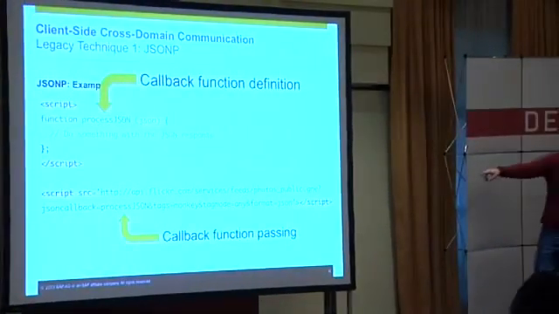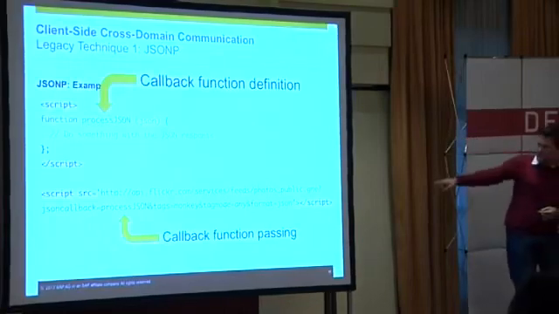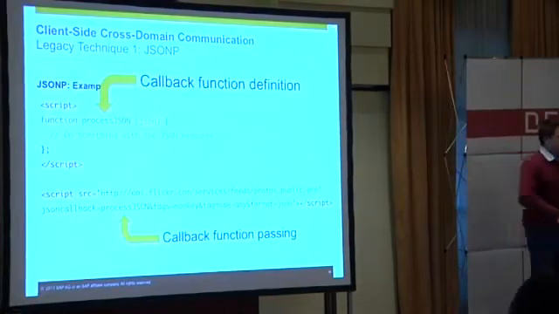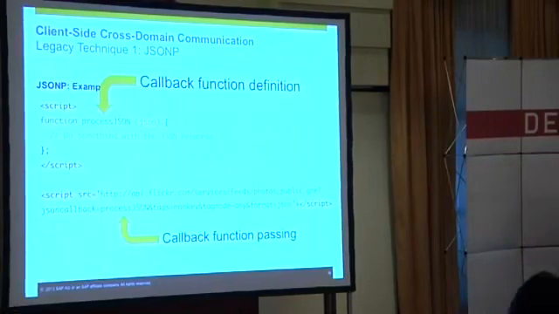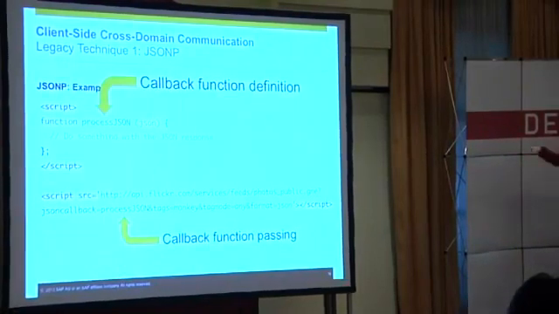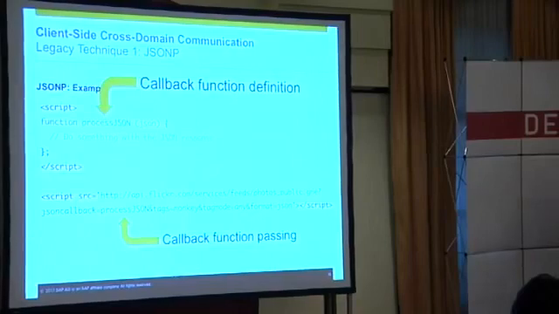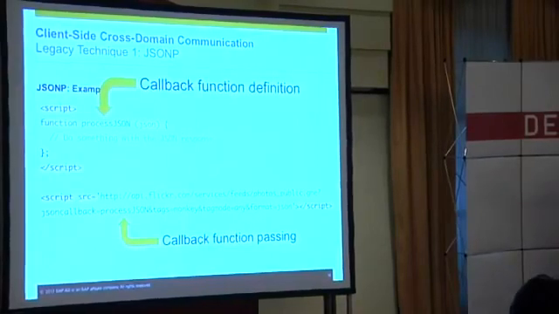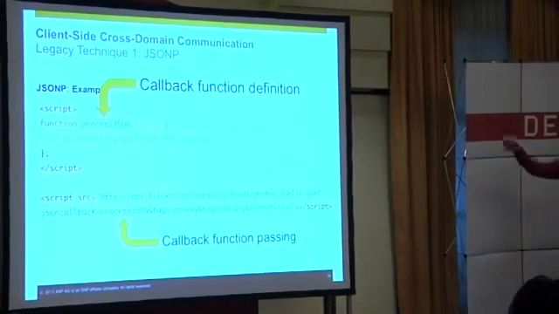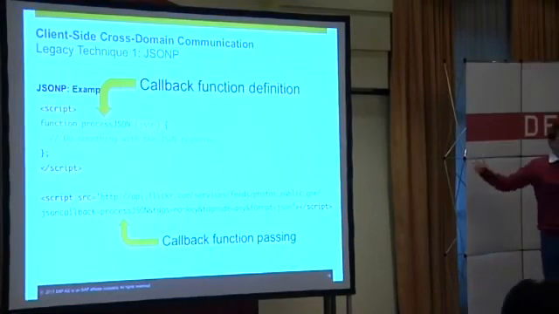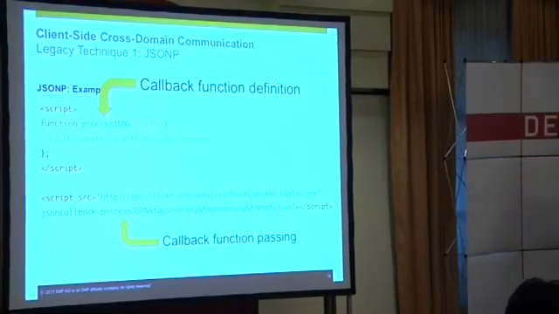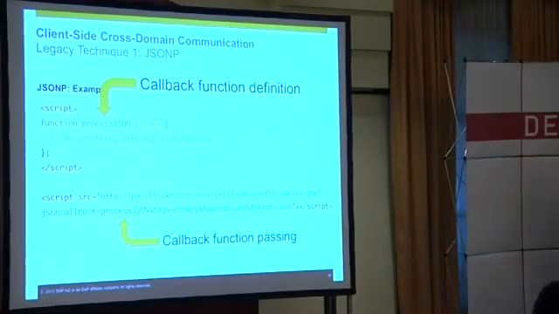And then it passes this function name that was defined over there to this flickr.com domain, and this flickr.com domain creates a script that calls this function and passes data that would like to be shared in the parameter of this function. And then in this function, example.org can do whatever it likes with this data. And so data was shared between flickr.com and example.org in the context of the currently logged in user at flickr.com.